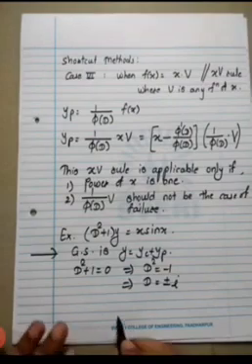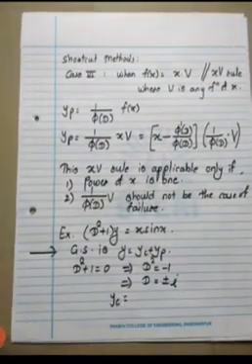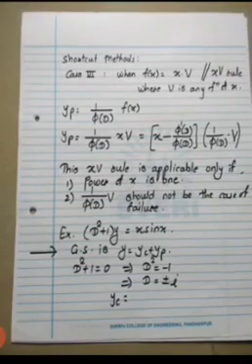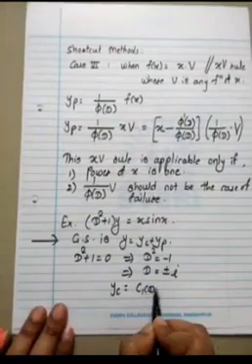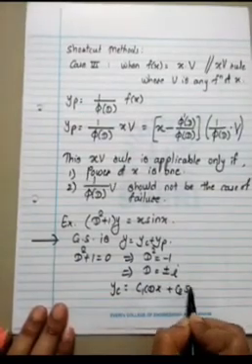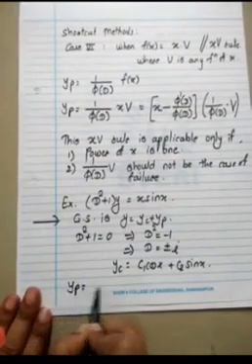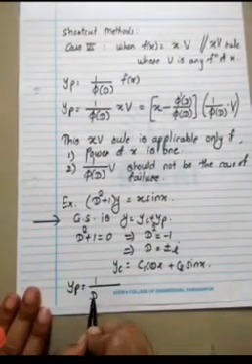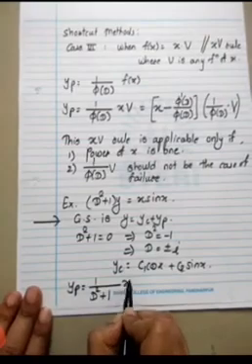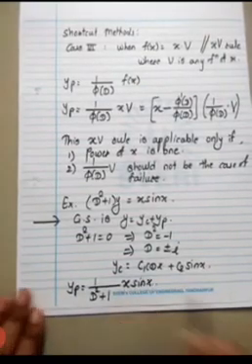So what is yc? Tell me yc. C1 cos x plus c2 sin x. Then we'll write yp is 1 upon d square plus 1 into x sin x.